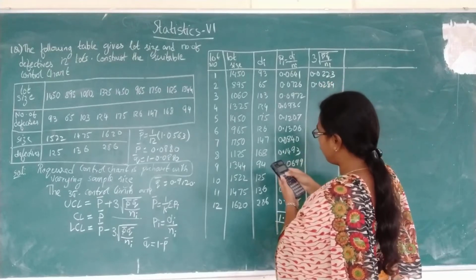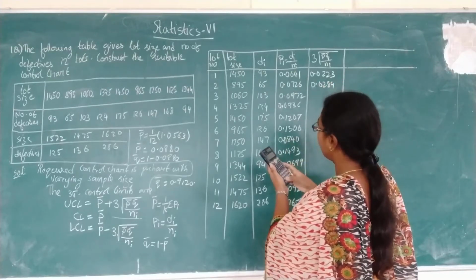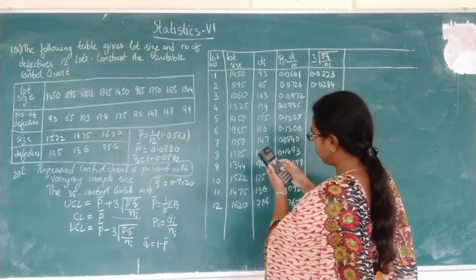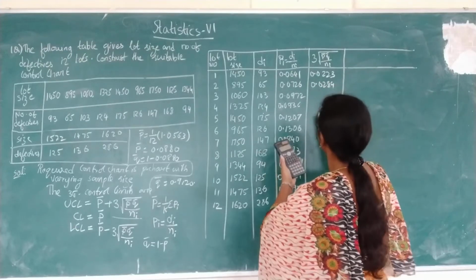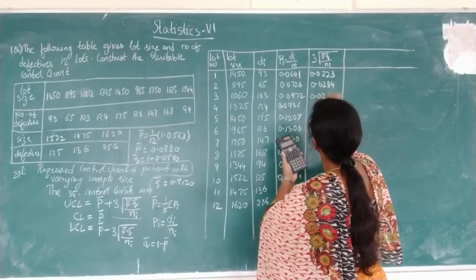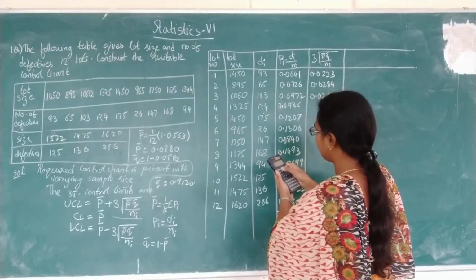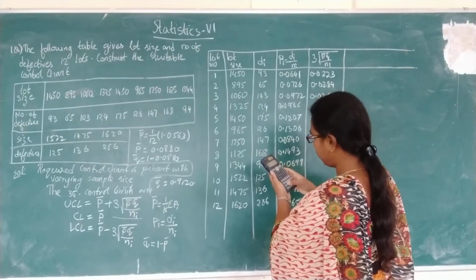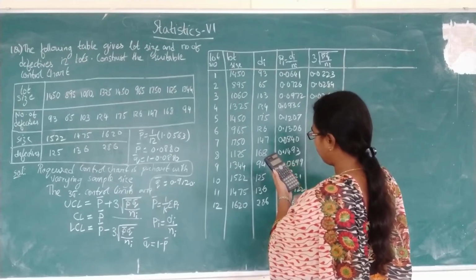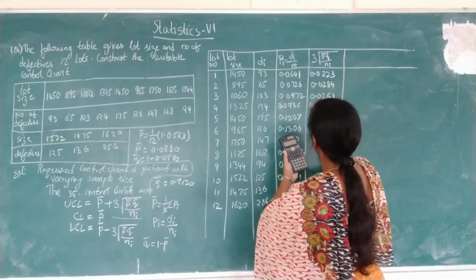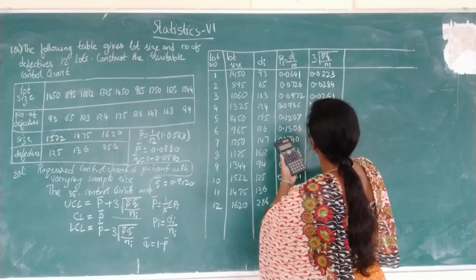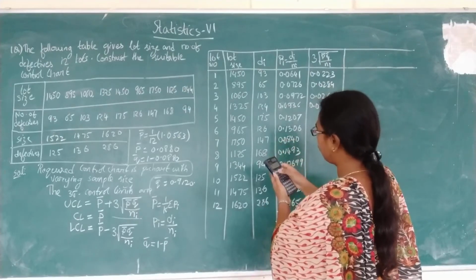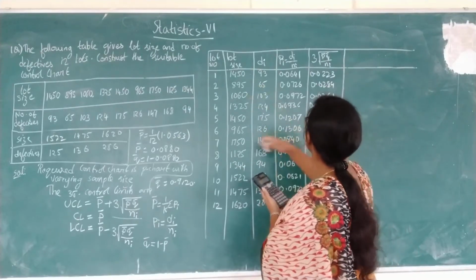Similarly, next one, 1060: 0.0261. Next, 1325: 0.0233. Next, 1450, same, 1450.